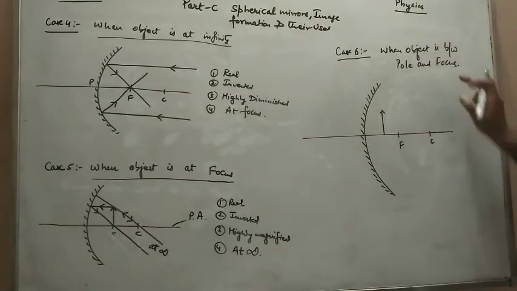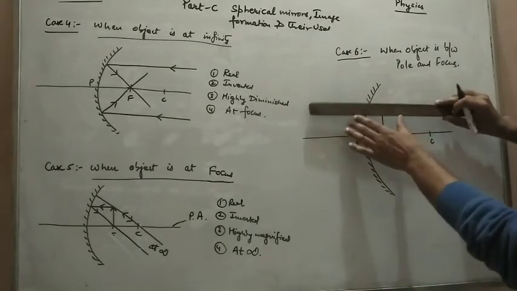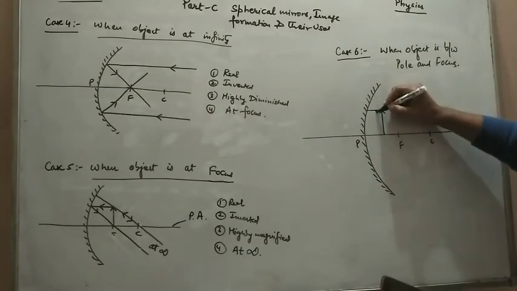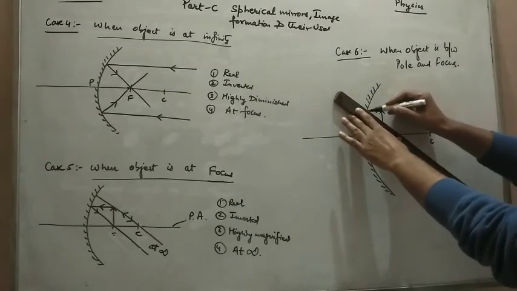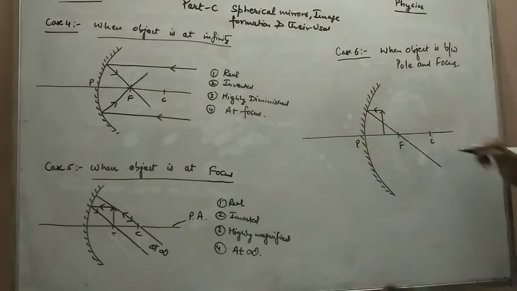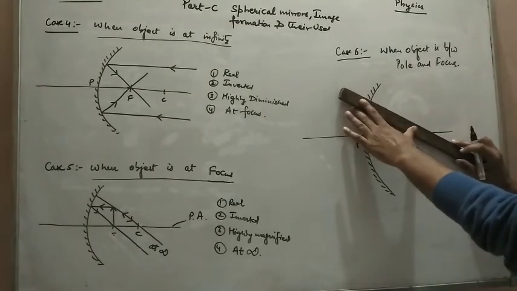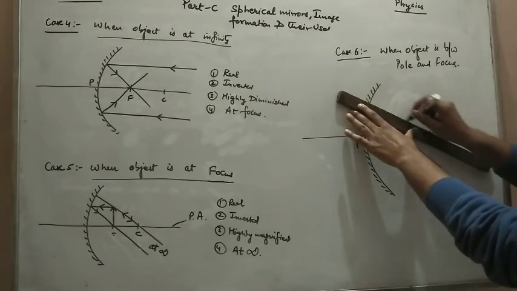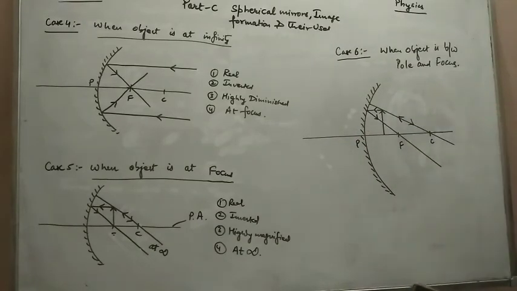When object is between pole and focus, so here is the pole, I am taking the object somewhere between pole and focus. So the ray which is parallel to principal axis, in this way, after reflection it will pass through focus, right? And the ray which is coming through C like this, it will retrace its path, it will come back from C. And will they meet?